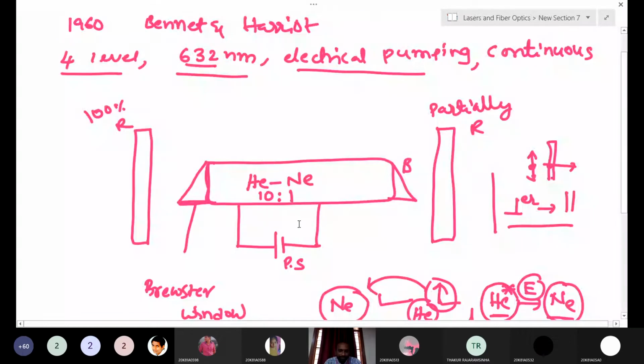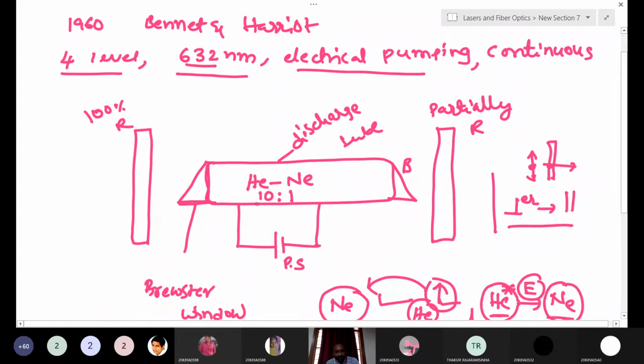First we will take the gas mixture in a 10:1 ratio, and we'll connect this power supply to this discharge tube. This is the gas discharge tube, you can write here discharge tube. Once we give the power supply, these atoms will get energy and go to the excited state. Helium atoms are very light, so even if you give lesser energy, they will easily excite.